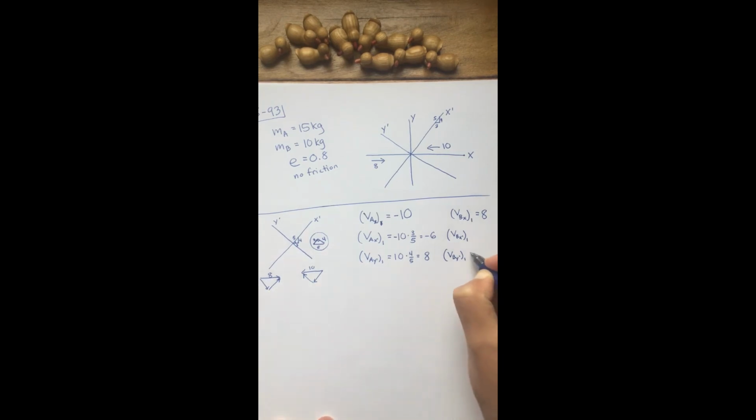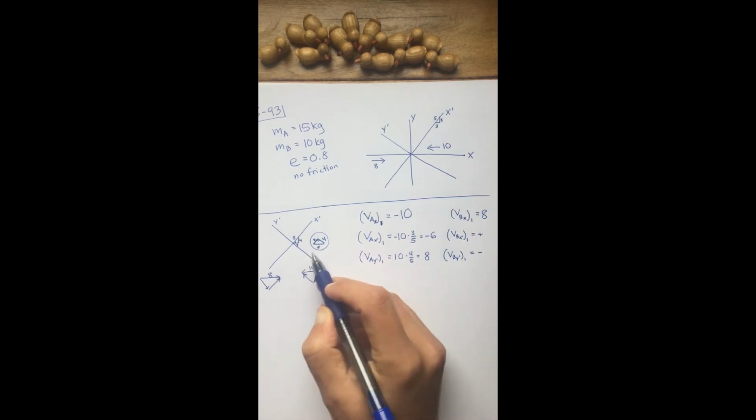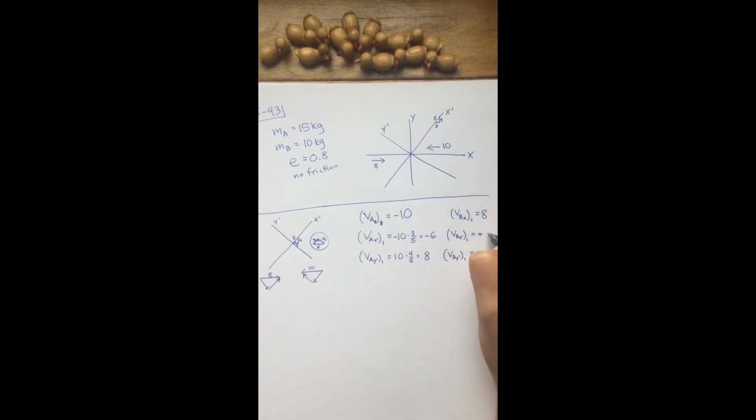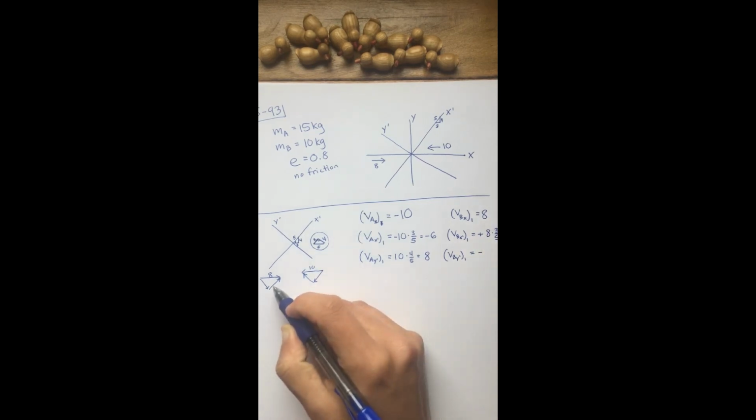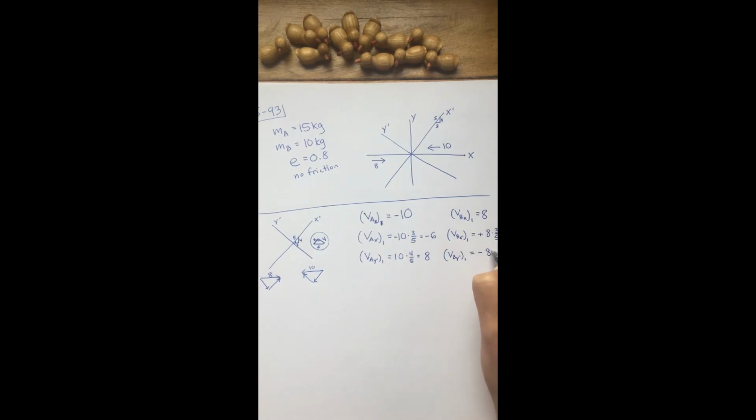The y prime is negative, the x prime is positive, and the x prime component is proportional to 3 if 8 is proportional to 5. So this is 8 times 3 divided by 5. The y prime component is proportional to 4 when 8 is proportional to 5. So this is 8 times 4 over 5.